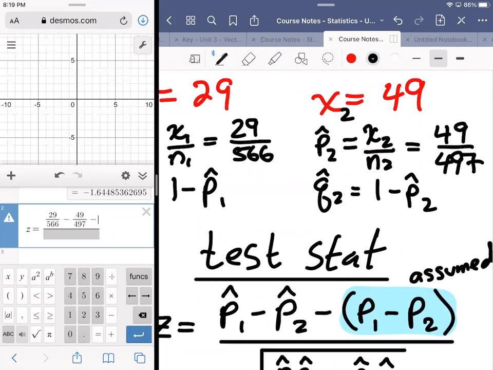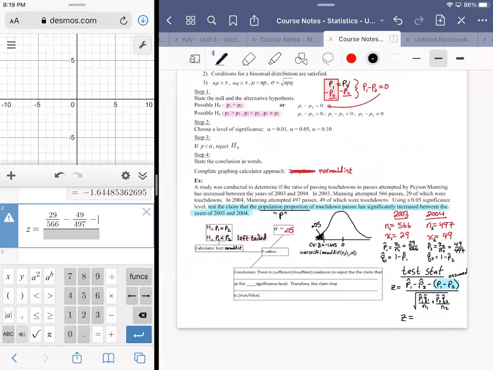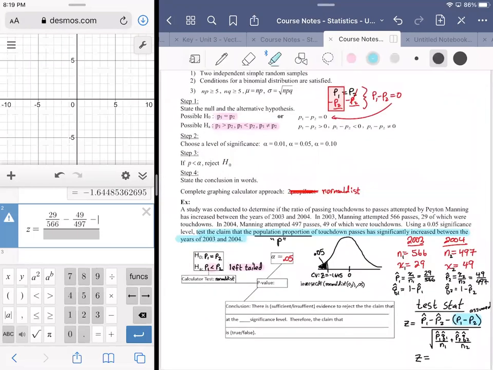So that's an assumed value. All right. So that comes from the null hypothesis. And right up here in this neighborhood, we talked about P1 equals P2 being the same idea as P1 minus P2 being equal to 0. All right, so that gave us this relationship.